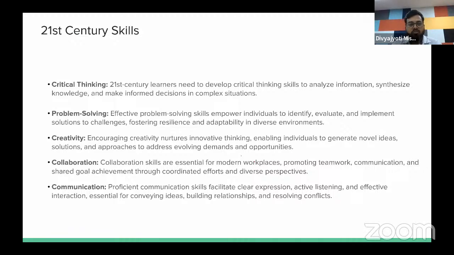Now, the focus of this STEM education is to develop the 21st century skills, which are very much required for the students, right? So if I talk about the different 21st century skills that need to be developed among the students, because you are seeing that technology is developing rapidly. Every 6 months, new concepts, new technology is coming, which is revolutionizing the whole industry.